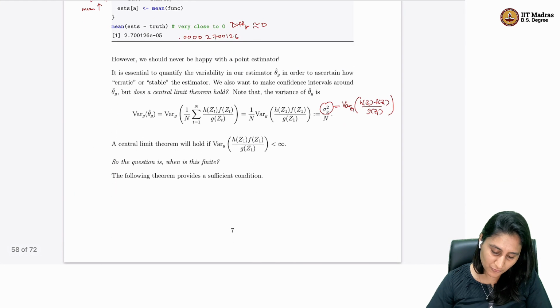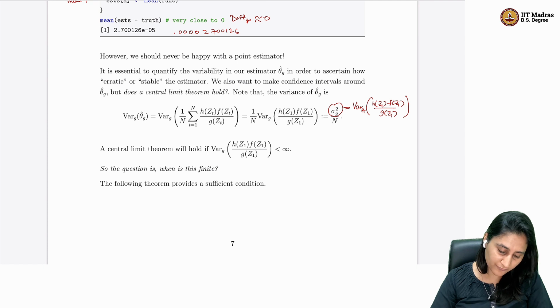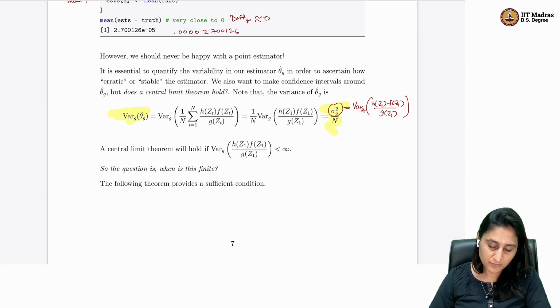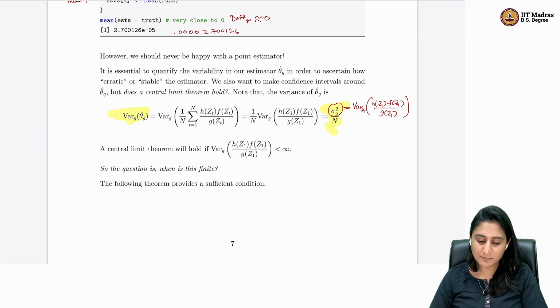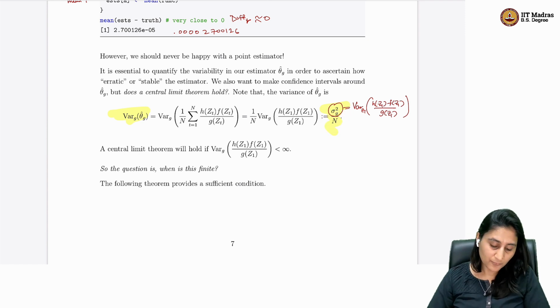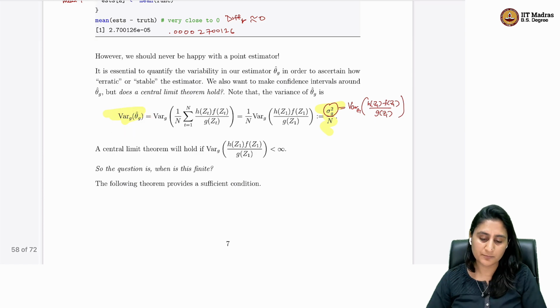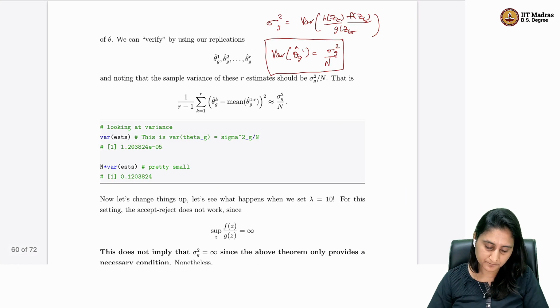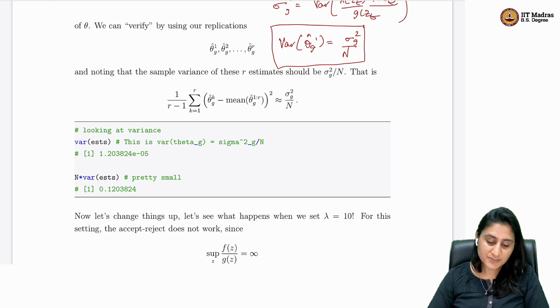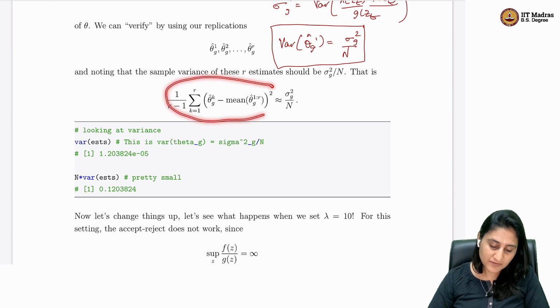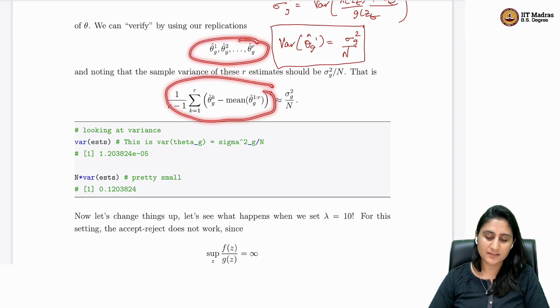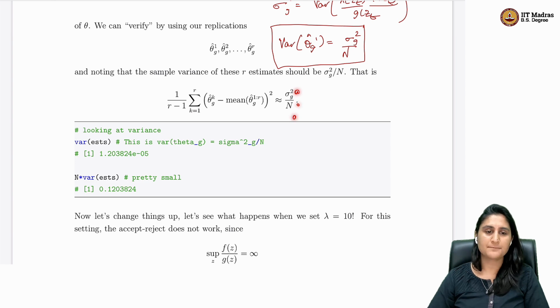If we go back, we showed that the variance of theta hat g over here is sigma squared by n. So I want you to make sure you remember the by n part when you're talking about the variance of an importance sampling estimator. If I just take the sample variance of all of these things, that should be sigma squared g by n.